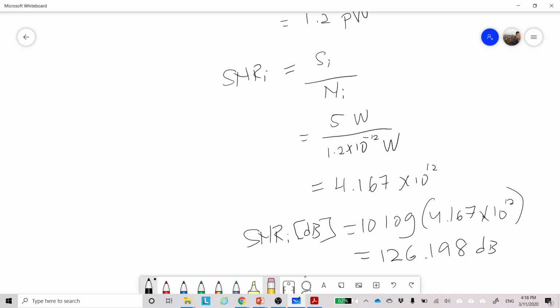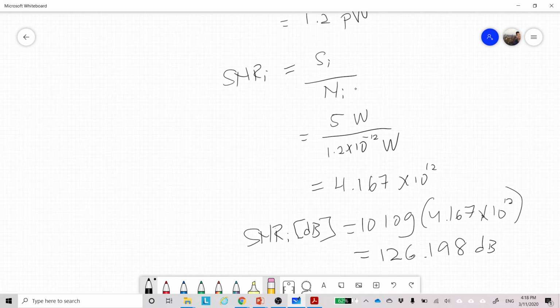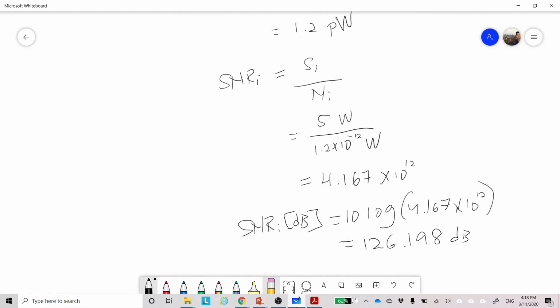Boleh cuba. So 10 log 4.167 eksponen 12, you akan dapat 126.198 decibel. So selesai soalan yang pertama.